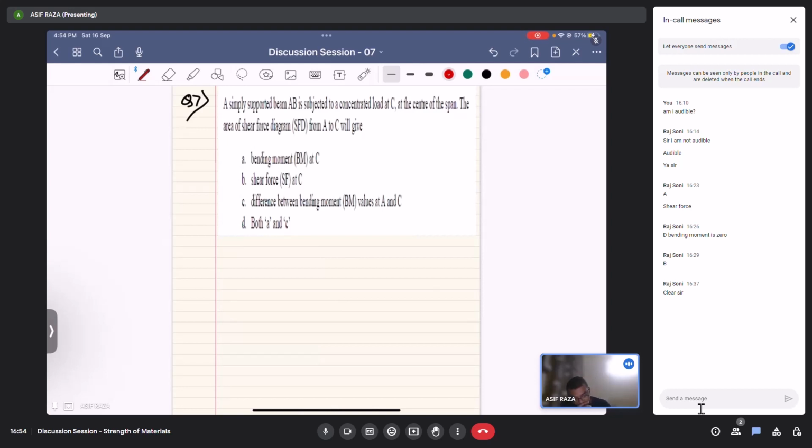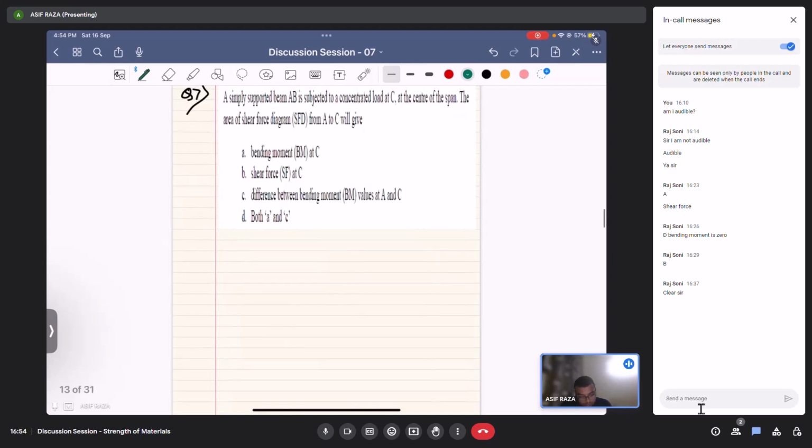Okay, so let's draw the diagram first. A simply supported beam AB is subjected to a concentrated load at C at the center of the span, and that is like this.